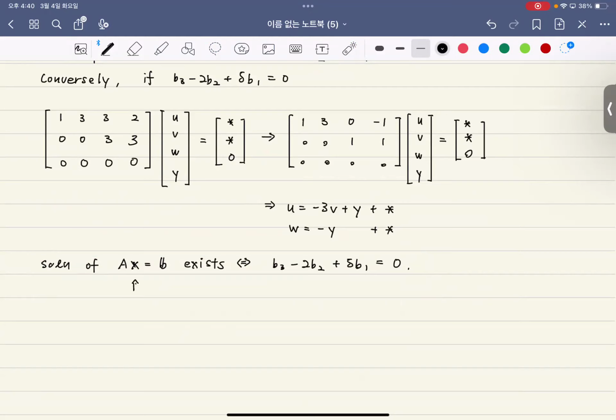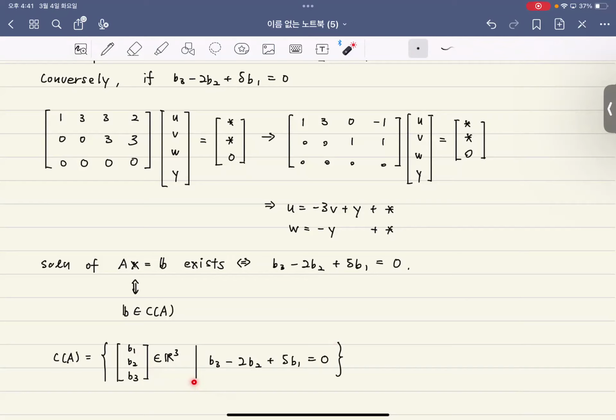But a solution of this exists if and only if B is in the column space of A. So this means the column space of A can be described as B1, B2, B3 such that B3 minus 2B2 plus 5B1 equals 0. This is my other description of the column space.